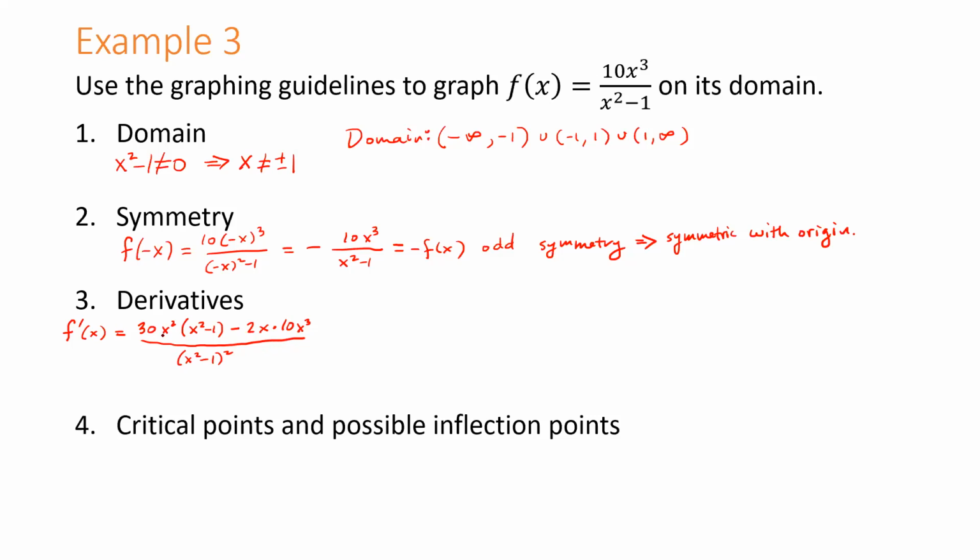And let's see, so when I simplify, we'll have 30x to the 4th minus 30x squared, and then minus 20x to the 4th. So I think we get 10x to the 4th minus 30x squared when I combine the terms upstairs.